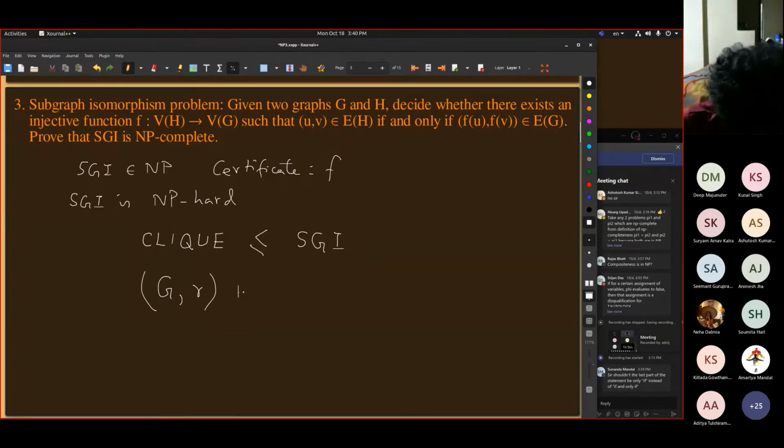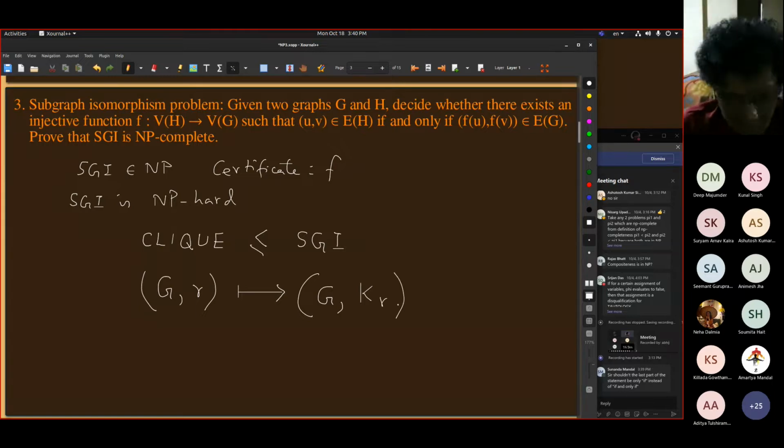From this, I will generate (G, the complete graph on R vertices). So G contains a clique of size R if and only if G has a subgraph isomorphic to the complete graph on R vertices. Of course, here I am using the fact that these graphs are undirected, otherwise clique does not make enough sense.